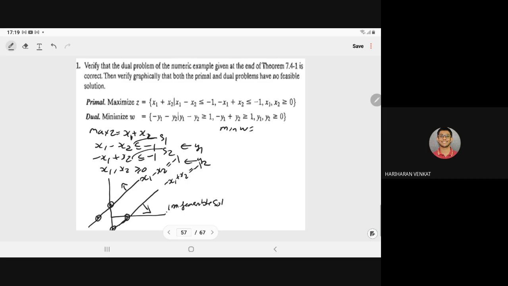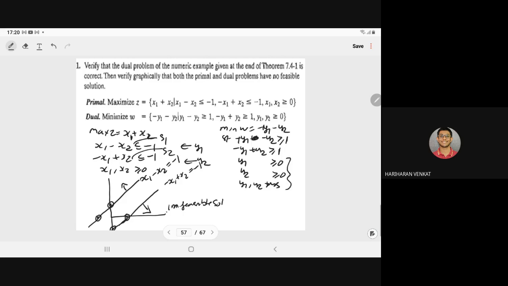Minimize w is equal to minus y1 minus y2, subject to, from the first constraint, y1 minus y2 greater than or equal to 1, and from here minus y1 plus y2 greater than or equal to 1, then y1 greater than or equal to 0, y2 greater than or equal to 0, and y1, y2 are urs.